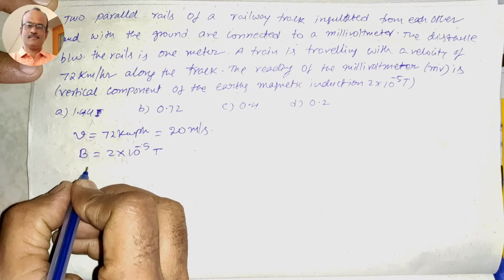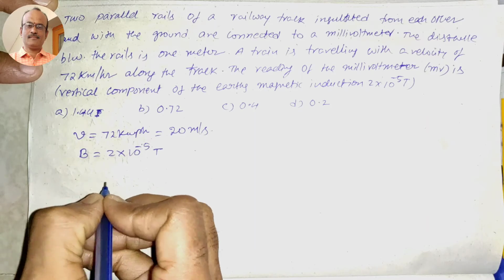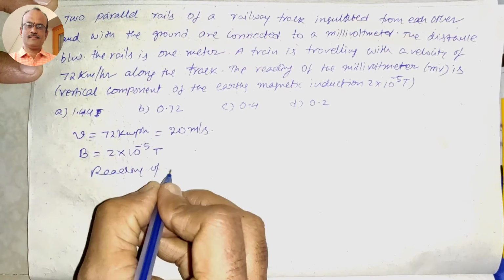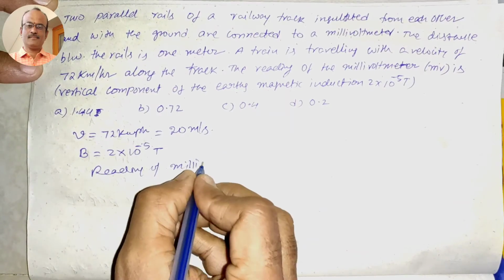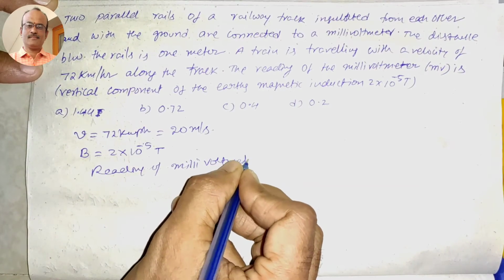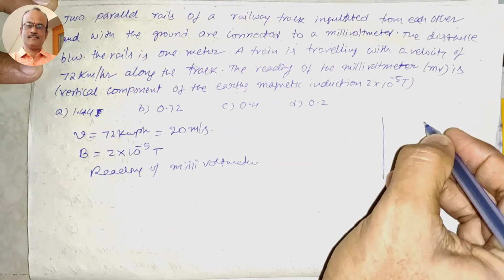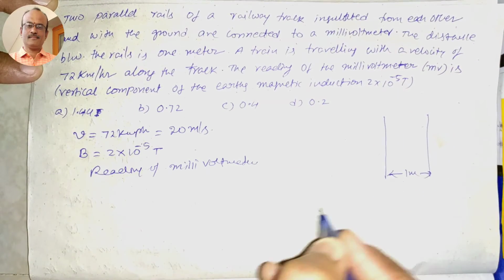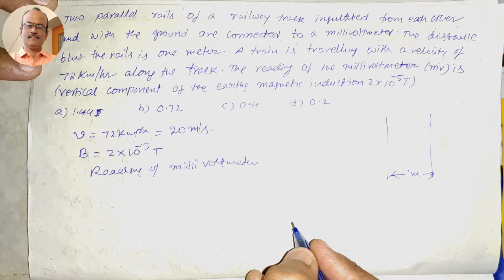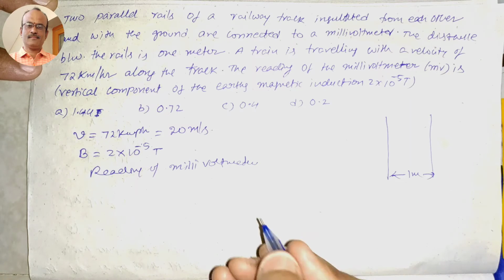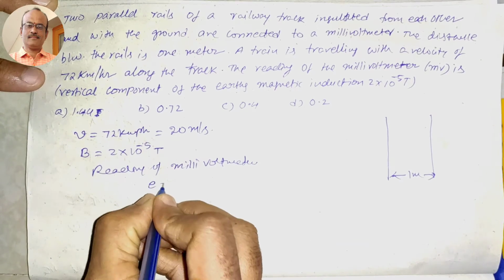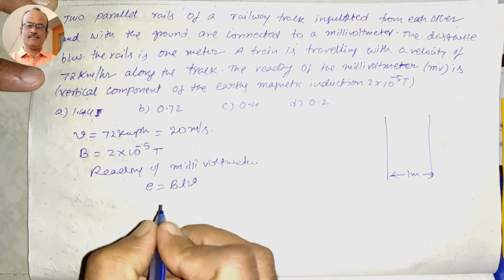And here which one we want to calculate? Reading of millivoltmeter. Here two railway tracks which are separated with a distance 1 meter and train is traveling with a velocity on it and both are insulated from each other. So that means E is equal to BLV.